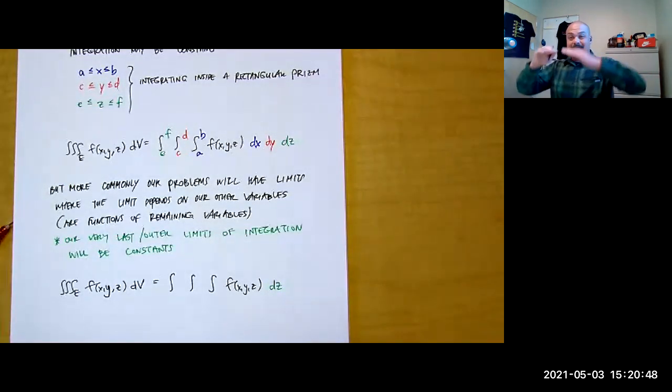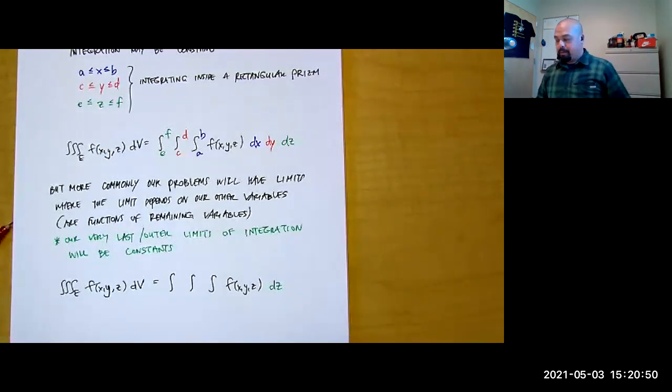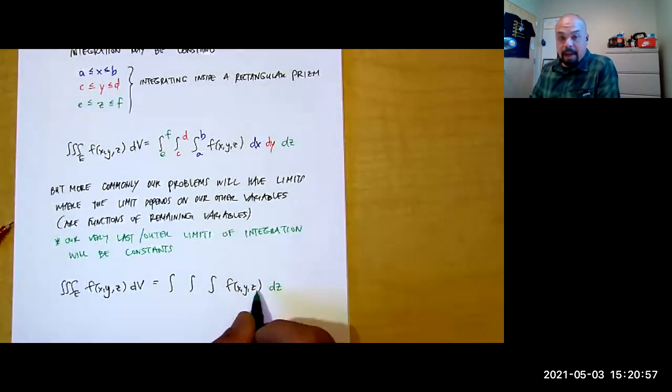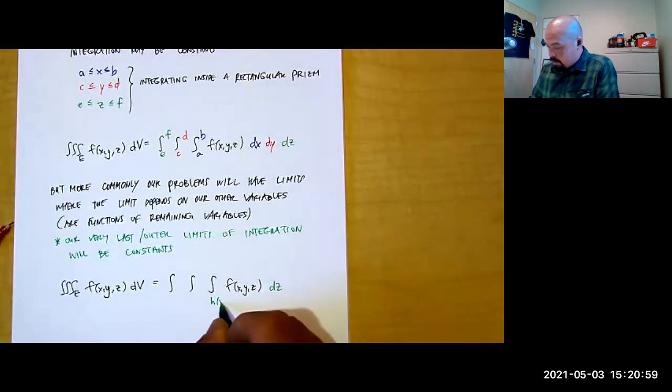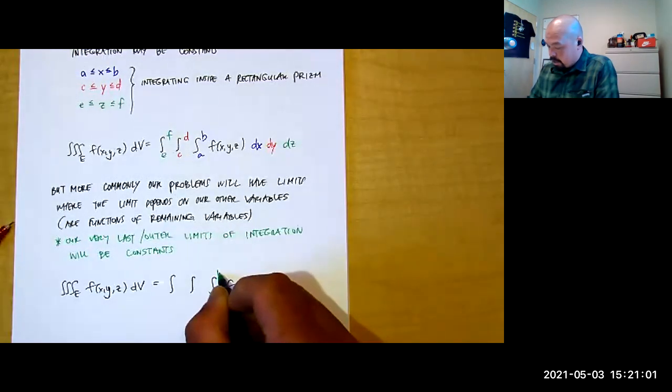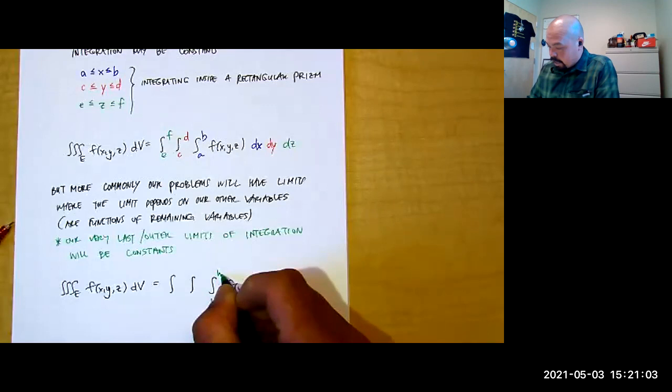And again, that z is typically like the height component. If we start to draw those, okay, maybe that's going to be a function of x and y. I'll say h1, h2.